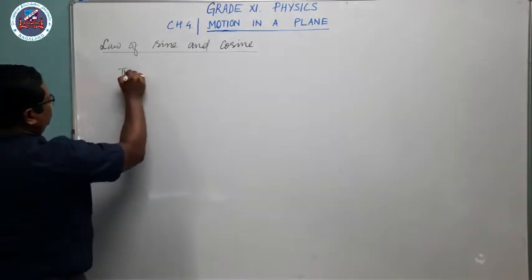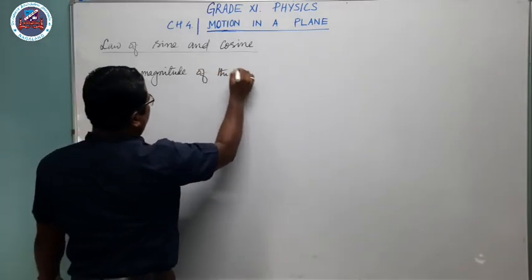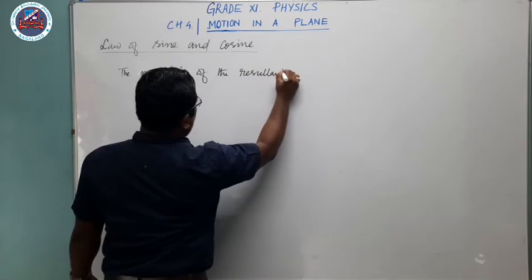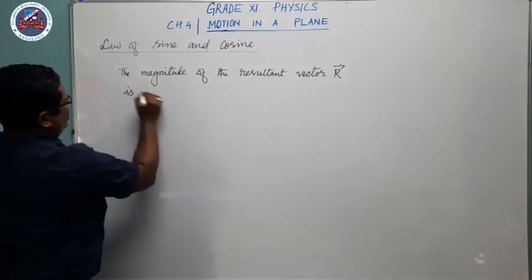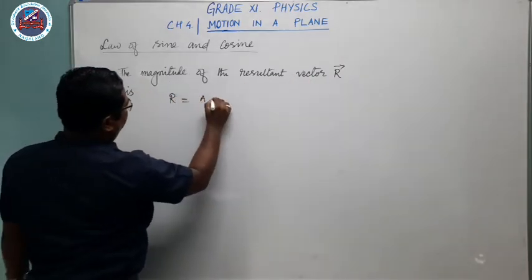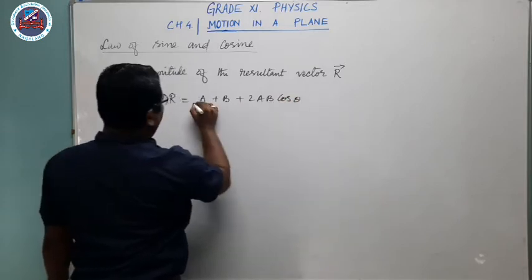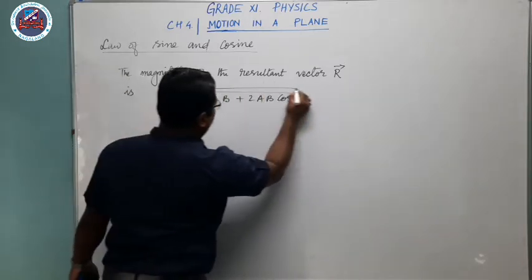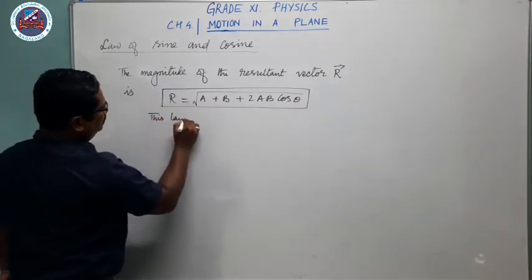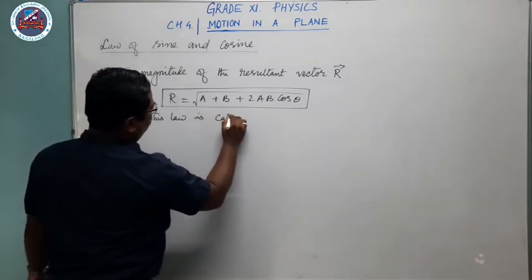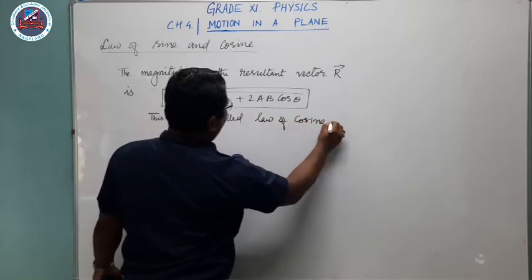The magnitude of the resultant vector R, if the vectors are A and B, is equal to the square root of A squared plus B squared plus 2AB cos theta. This law is known as the law of cosine.